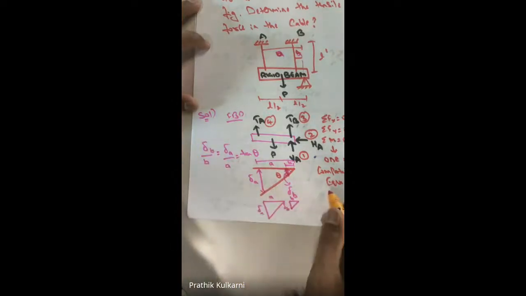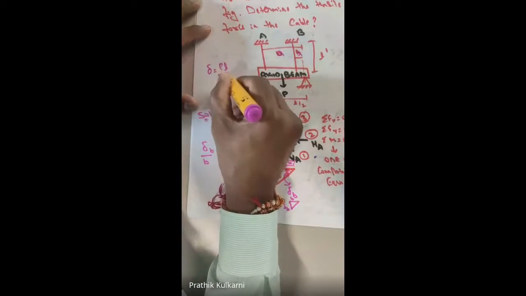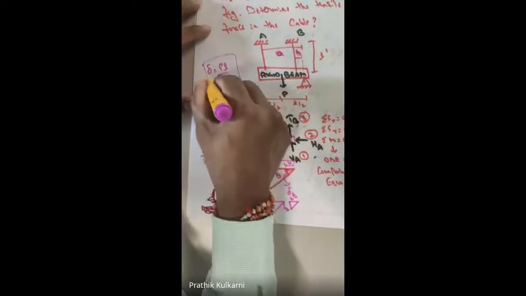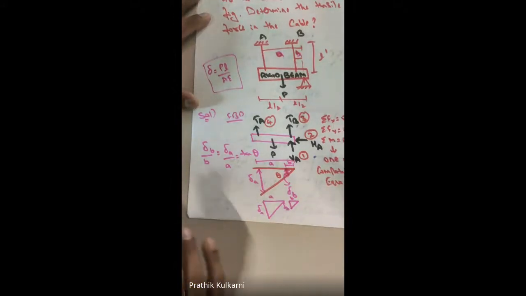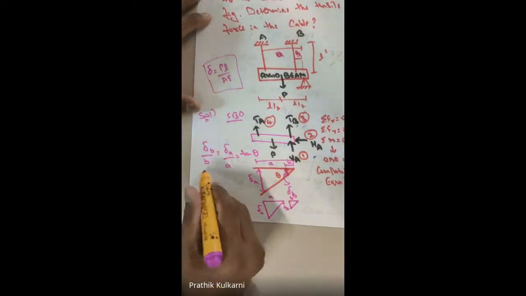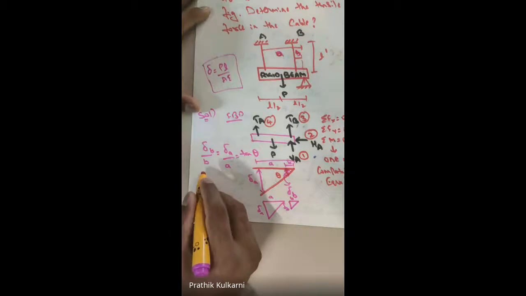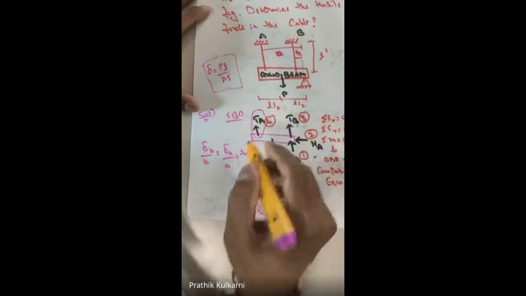Then what is delta B? What is delta, dear? Can I write delta as PL by AE? Yes or no? Delta is deformation. Deformation is PL by AE. Yes, from axial loading if I apply, then I know delta is equal to PL by AE. So can I write this as PL by AE? But what is P here? Here P is TA.